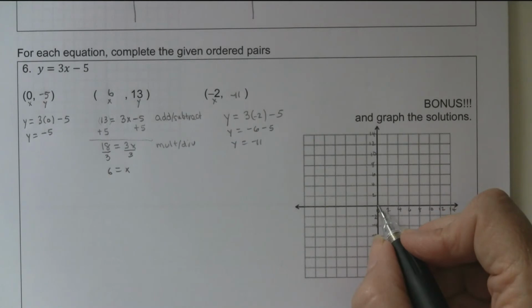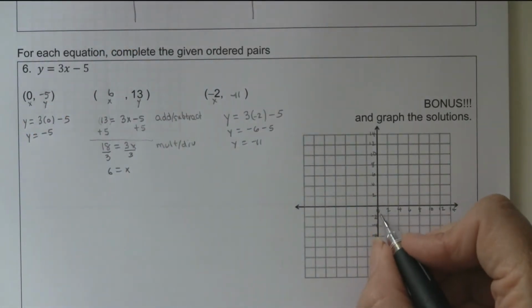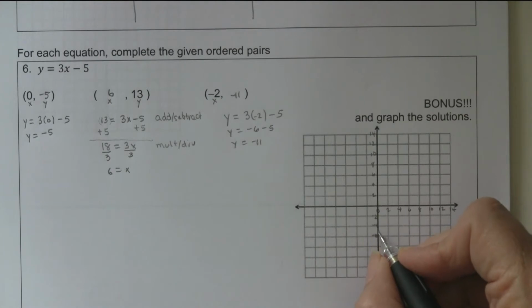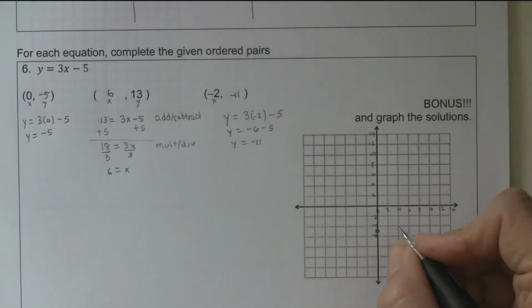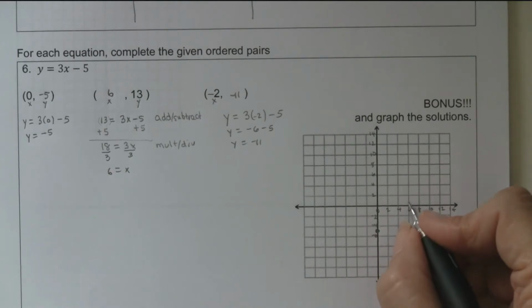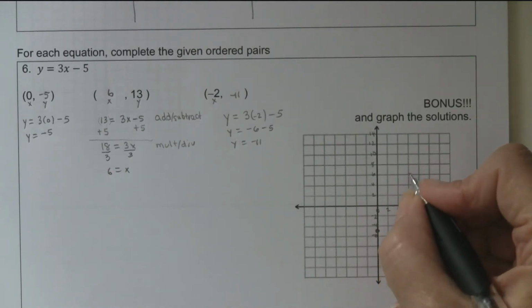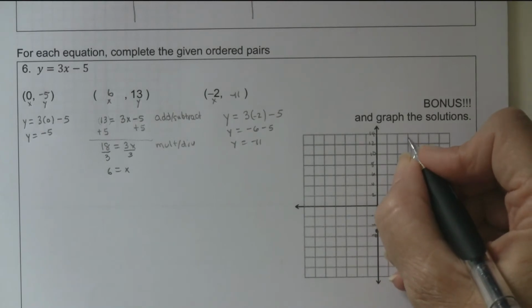So over 0, I'm plotting this point, over 0 down 5. Down 5 would be right in between -4 and -6, so I'm going to put it right there. And then over 6 up 13, and 13 falls right in the middle between 12 and 14.